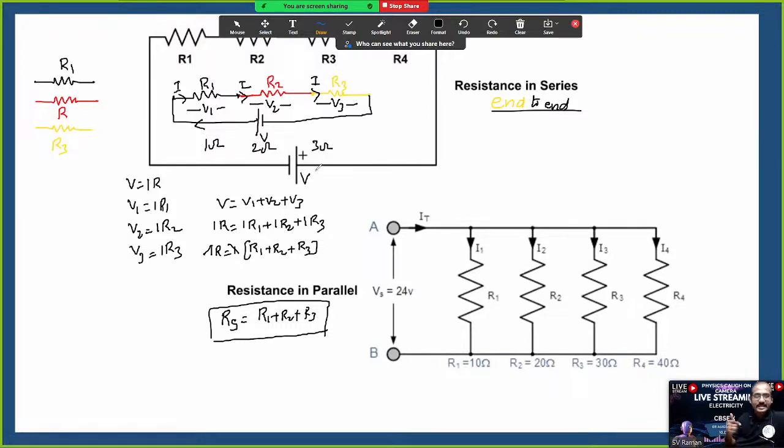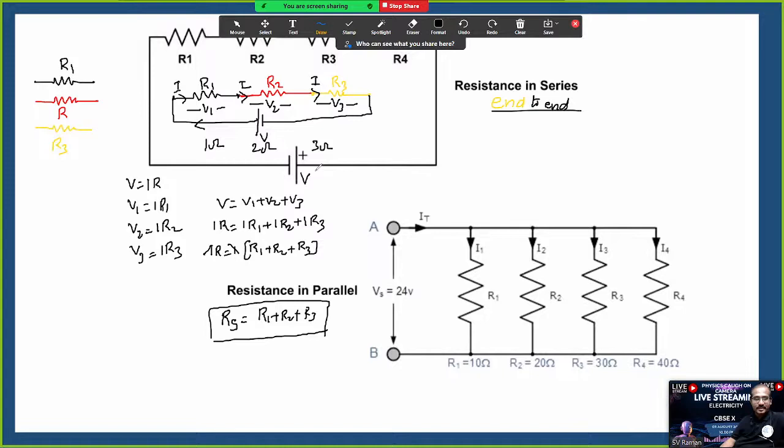Audience, can you tell me what is the total resultant resistance value? Any idea?